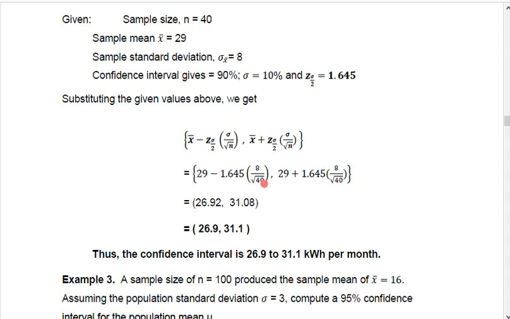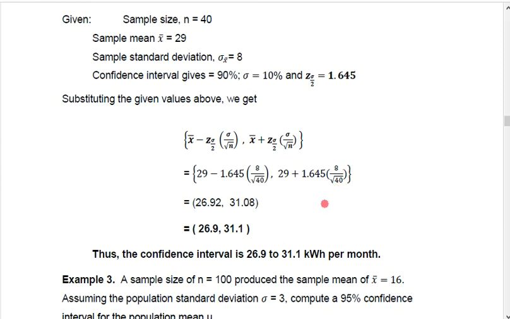Okay? So, again, gawin din natin yan dun sa isang value, which is yung sample mean. Add naman natin. Kanina nag-minus tayo. Dito ay nag-add tayo, which is 1.645 yung ating z-score. And then standard deviation over the square root of n. Standard deviation is 8 and n is 40. Okay?